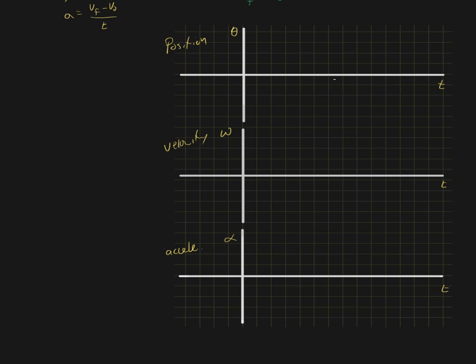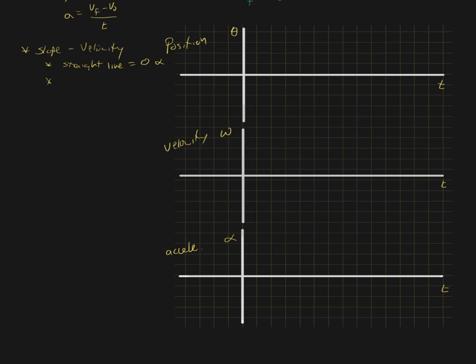All right, now the properties of the position time graph. Remember that the slope is going to indicate the velocity. If it is a straight line, there's going to be 0 acceleration, or in this case, angular acceleration, which is the letter alpha.